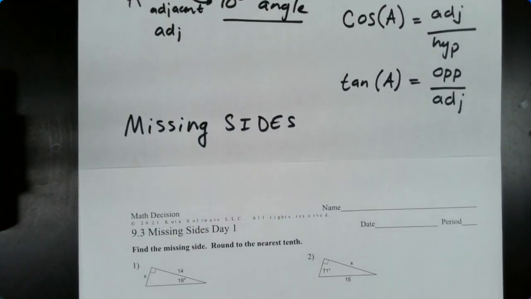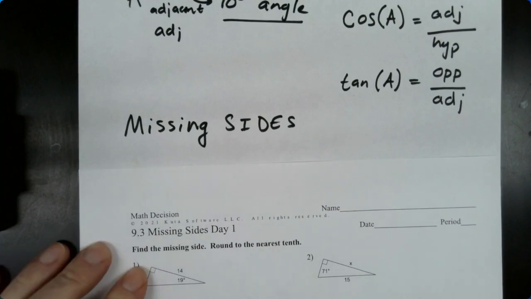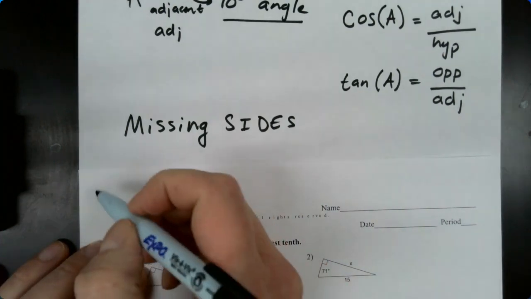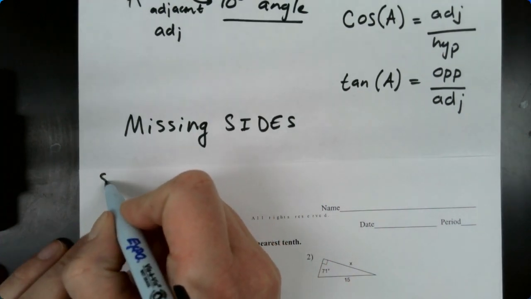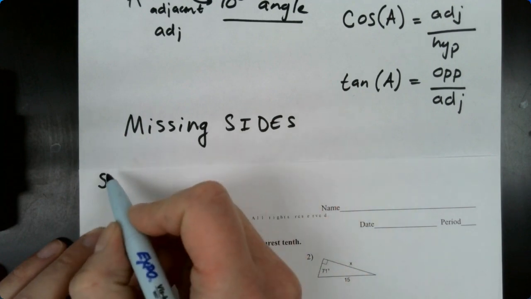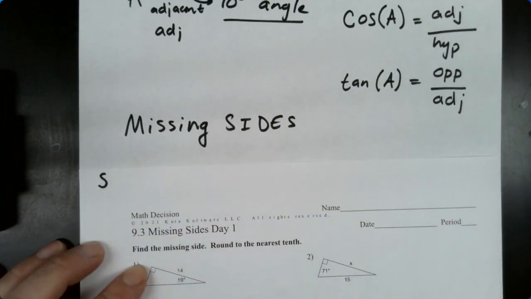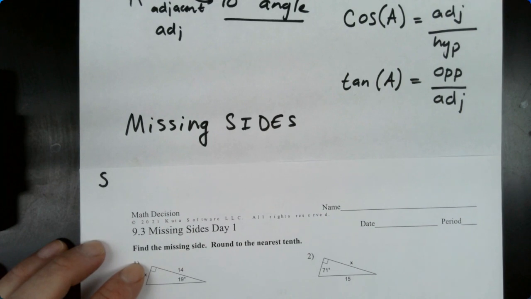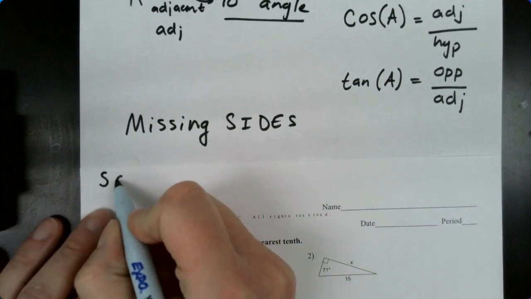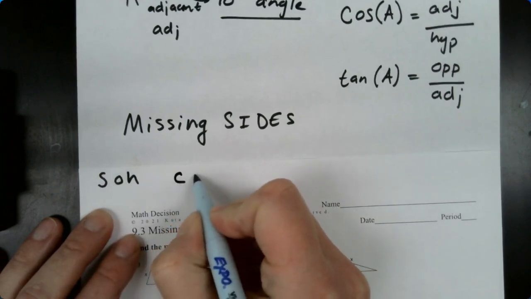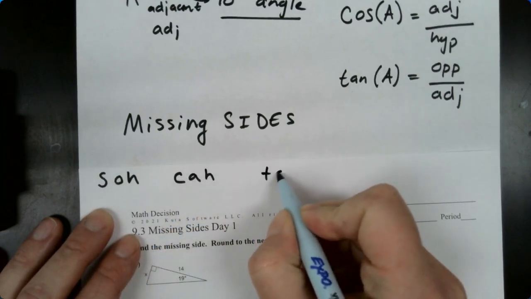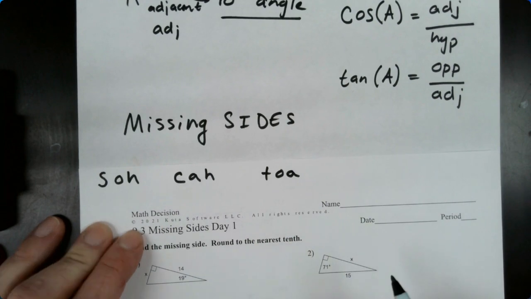On my paper, I really like to just have the relationships so that I can keep looking back at them. So I'm going to write SOHCAHTOA at the top because that's going to help me generate my relationships. There's a snack there if you need a snack. Okay, so SOHCAHTOA is going to help me set up these relationships.